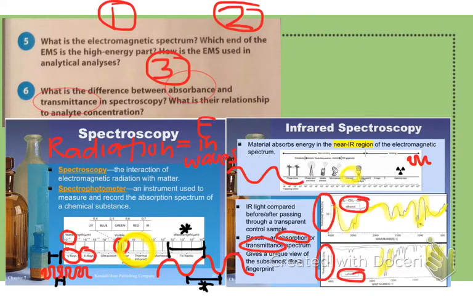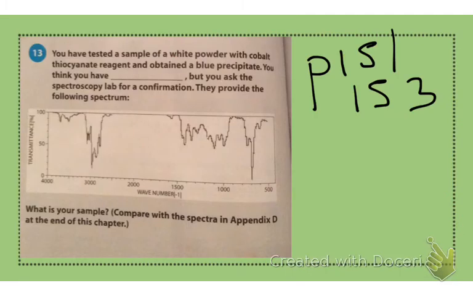Their relationship creates that graph I showed you earlier, these two graphs here. Those two graphs are like a fingerprint, showing us the amount of radiation that passes through the substance, creating this fingerprint-like identification chart. So those are questions 5 and 6.